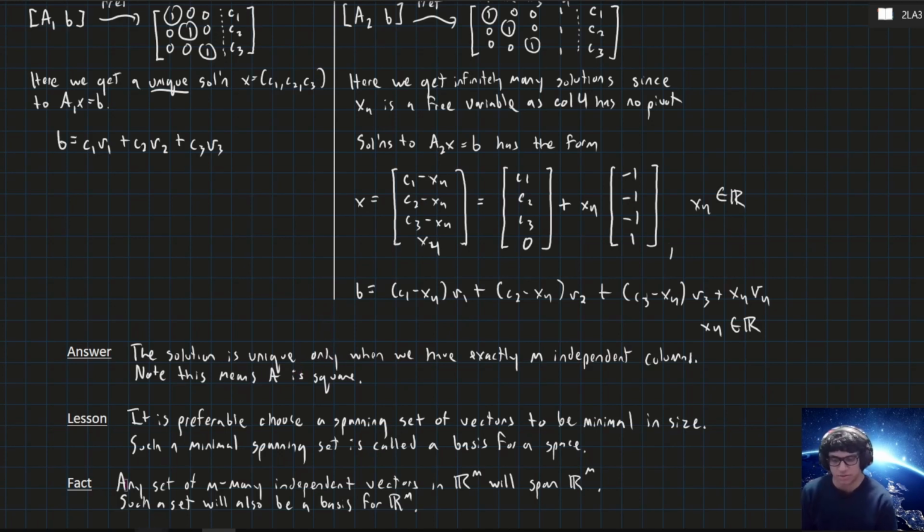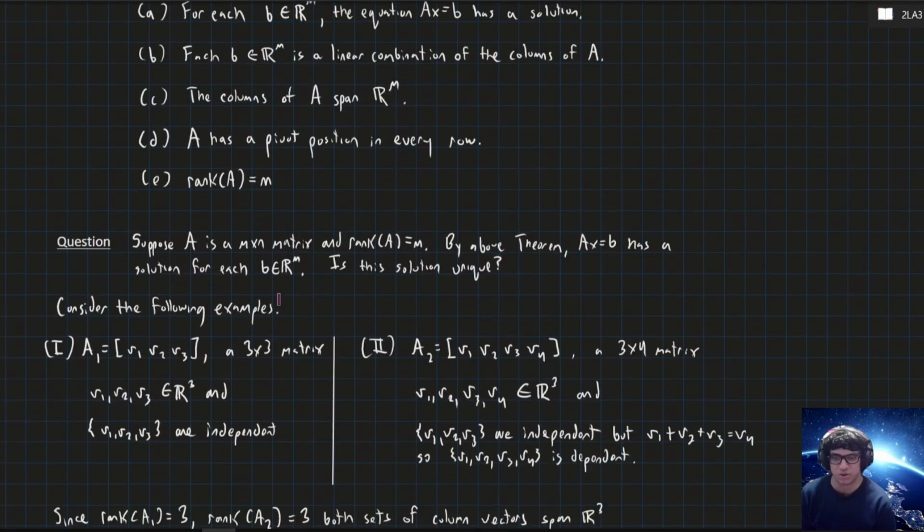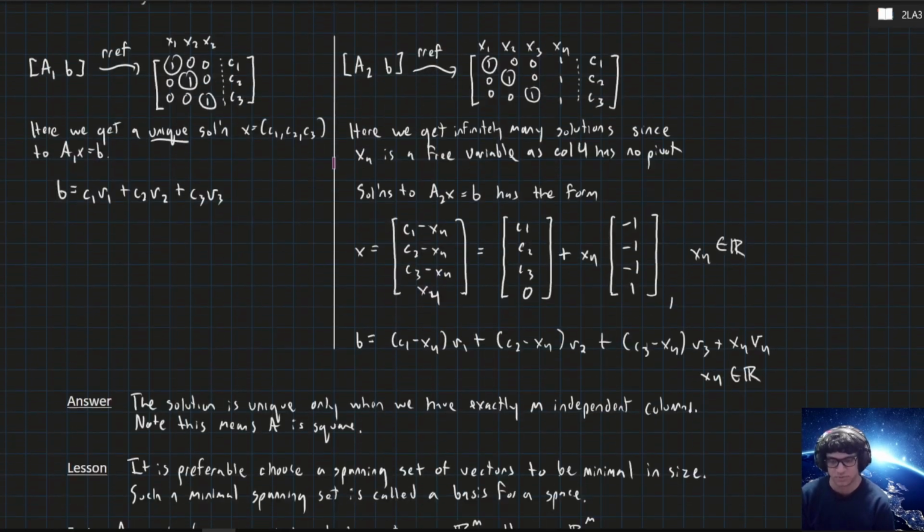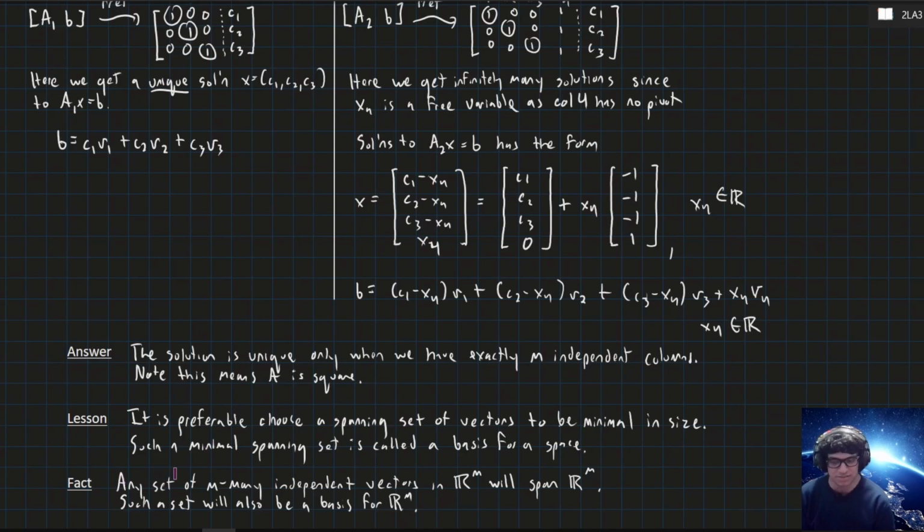We'll state this fact because it's useful to remember. Really this is a consequence of this theorem and this fact. Any set of m many independent vectors in Rm will span Rm, and such a set will also automatically be a basis for Rm.